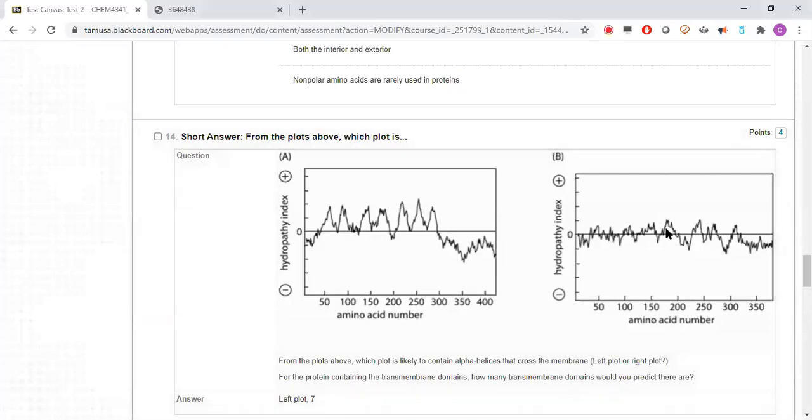Maybe here, let me get my pen out, all right? Maybe here and maybe there. Here, up, down, up, down, up, down, right? You're alternating because you're going through the membrane, outside the membrane, through the membrane, outside the membrane. Here it's zero. The average of this is zero, right?